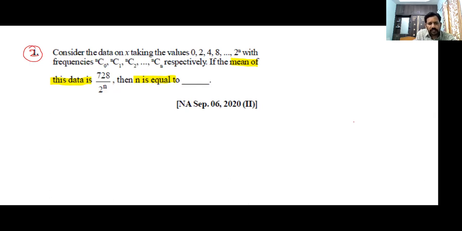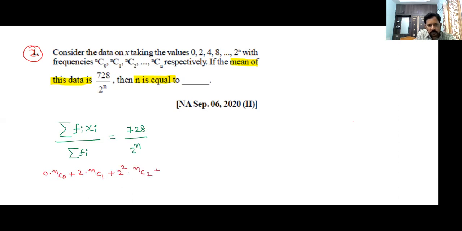What is the mean formula? First of all, sigma fi xi, since this is grouped data, divided by sigma fi. That value is given as 728 divided by 2 power n. Now, what is the sigma fi xi value? See here: 0 into nC0 plus 2 into nC1 plus 4 into nC2. 4 means I am writing 2 square into nC2 and so on.